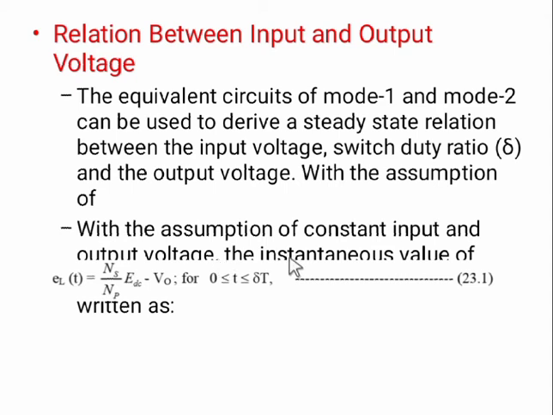So the instantaneous value of the voltage across the inductor is given by e_L(t) = (NS/NP) EDC minus VO.